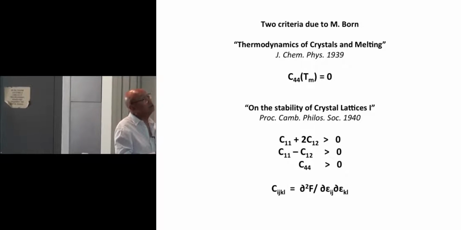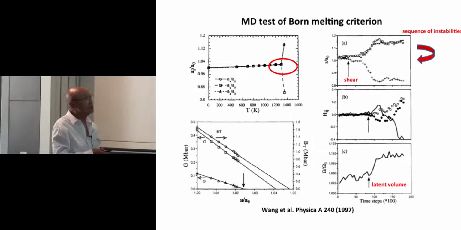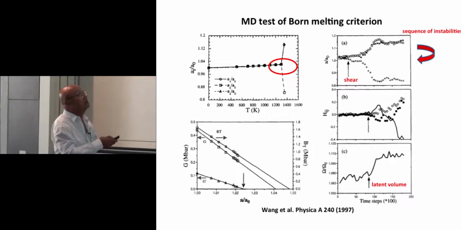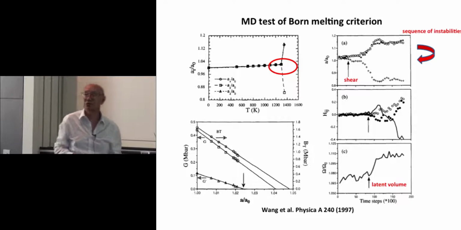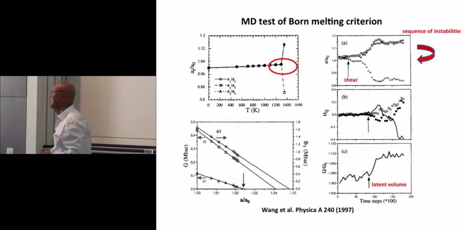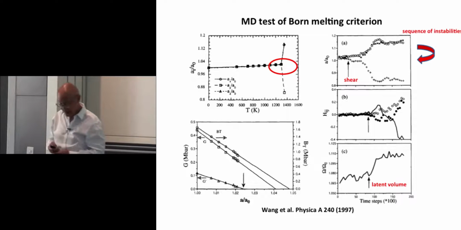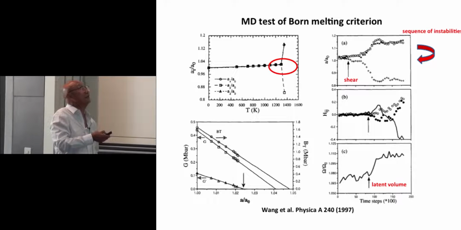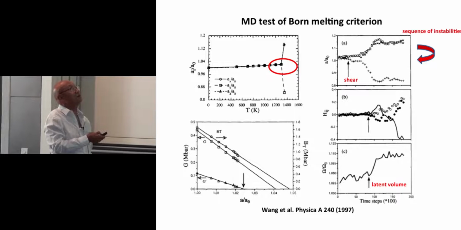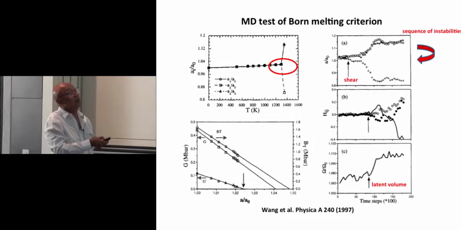So here, if you do MD simulation, what you find is, these are some results for gold, with an EAM, embedded atom method, potential, a standard potential at the time. If you just look at the lattice parameters, this is the lattice parameter along X. It's a cubic crystal, FCC, so the three lattice parameters all behave in the same way as a function of temperature until you get to this point.